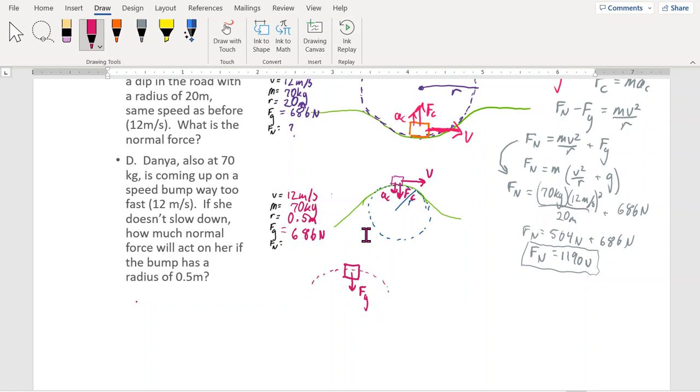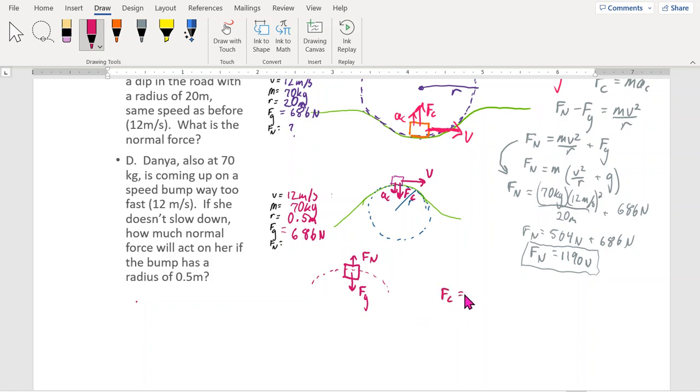So you say, okay, normal force, is that going to be big or small? Reminder, the net force, centripetal force, has got to be inwards. Otherwise, we're not going to be doing a circle. So that means the total inward has to be larger than the total outwards, which means the normal force is going to be smaller. Okay, so let's go ahead and do our net force equation.